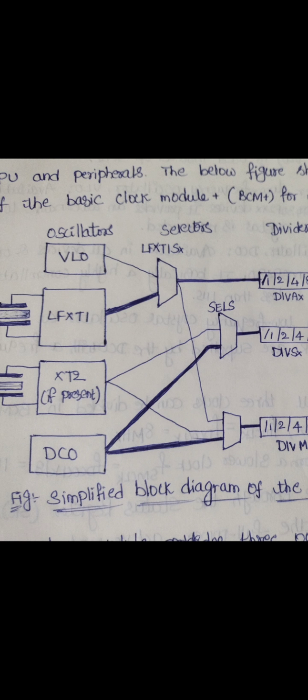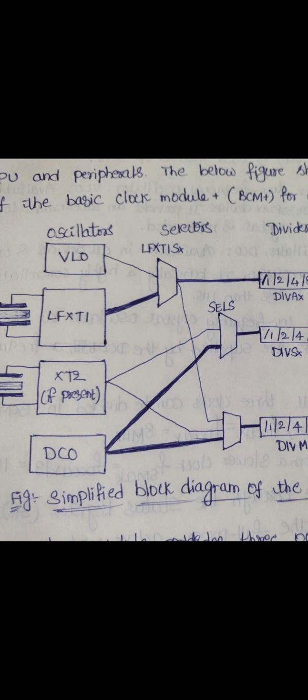The next mode is LPM0, that is the low power mode. In this mode, the CPU and MCLK, that is the master clock, are disabled, whereas the remaining two clocks, the subsystem master clock and the auxiliary clock, remain active.